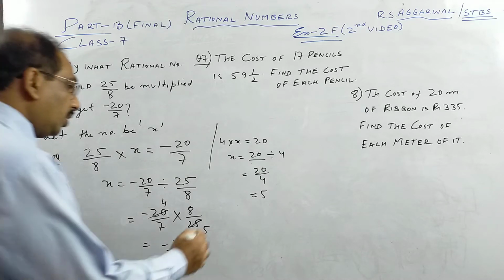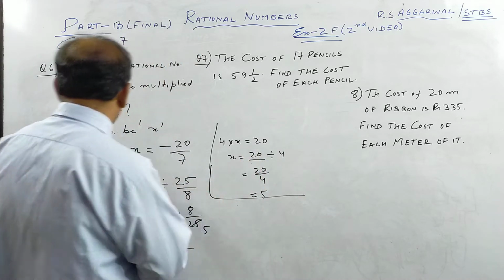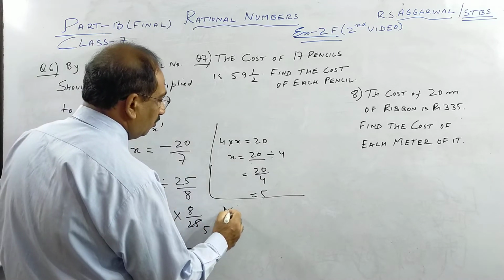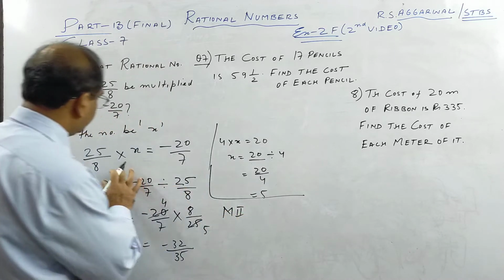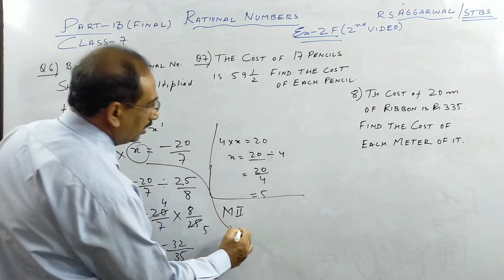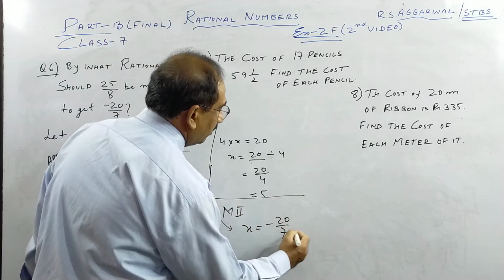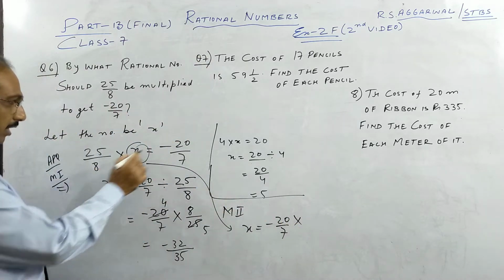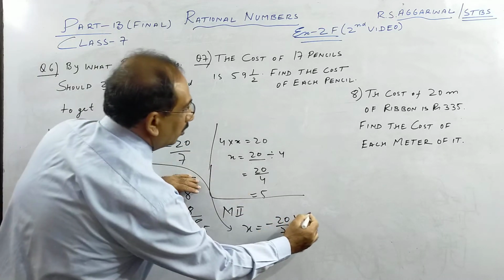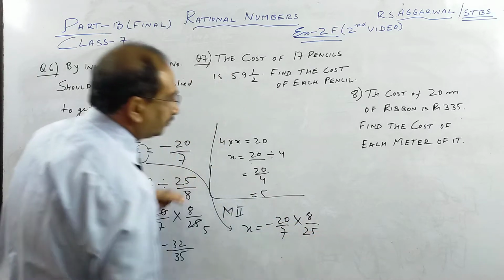Here I am showing you, this was just to give you a comparison. So let this be method 1. Method 2, what you can do, children, after this step, let x be here, minus 20 by 7 be here. Now 8 will go up. This side the denominator will go up and this 25 will come down.